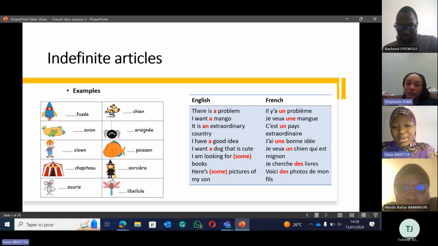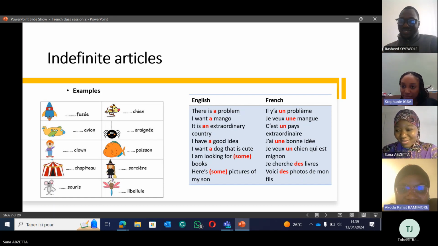Here's some pictures of my son. Voici des photos de mon fils. Good.